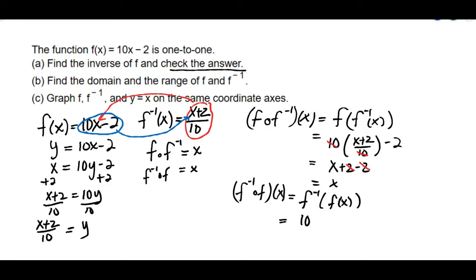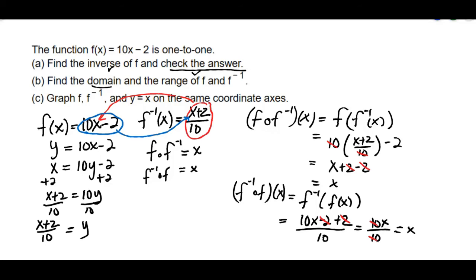That would give me 10x minus 2 plus 2 over 10. And when we simplify, minus 2 plus 2 becomes 0. That leaves me with 10x over 10. 10 over 10 is 1, and that leaves me with x. So we found the inverse, and we also checked to make sure we had the inverse.